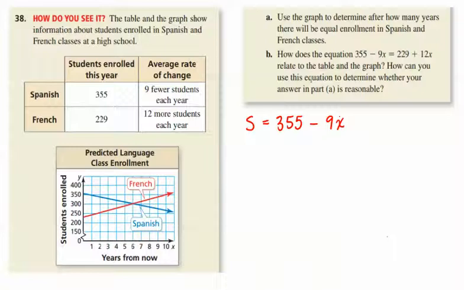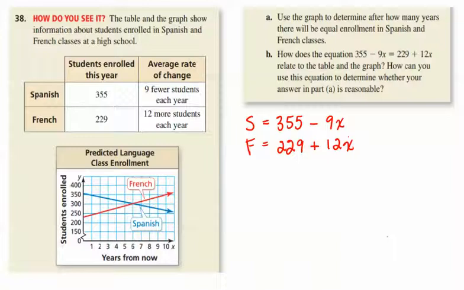The French classes start at 229 students, and they are going up. So plus 12x. They're increasing at an average rate of 12 students per year, or there are 12 more students per year.